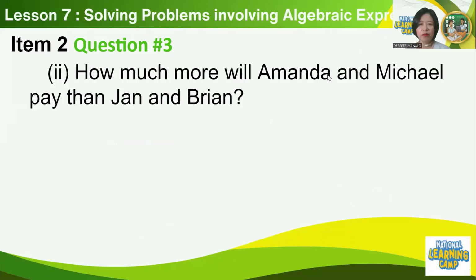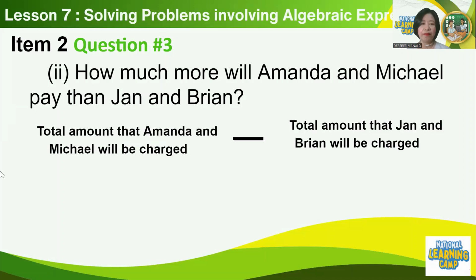Question 4. How much more will Amanda and Michael pay than John and Brian? So what will you do to answer this? Look for the Amanda and Michael charge, and then for John and Brian. What you will do is subtract, since it is said how much more.